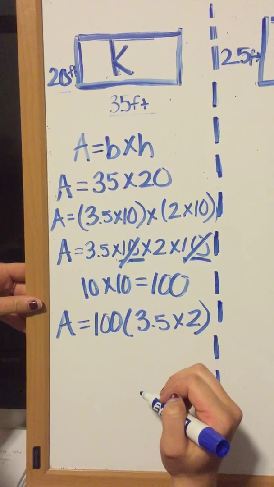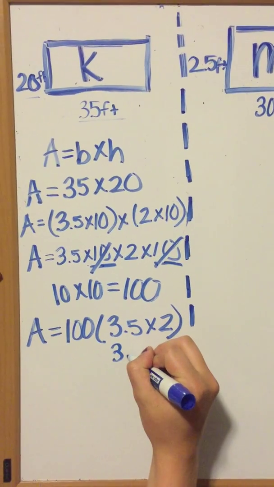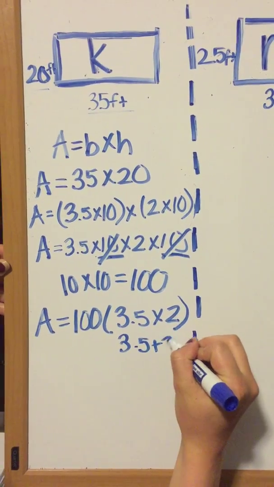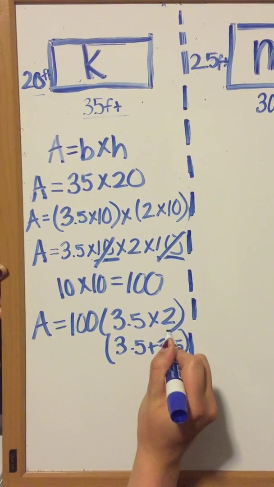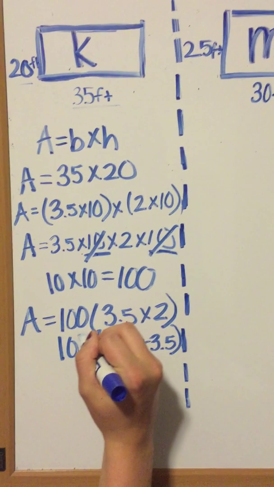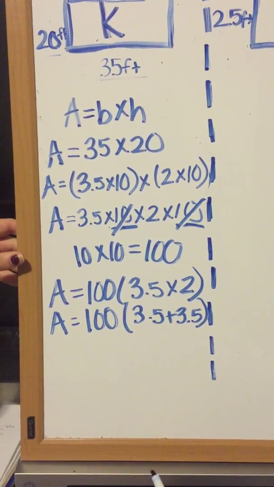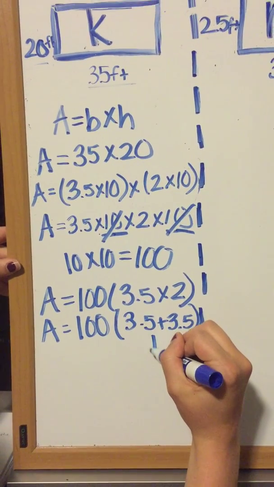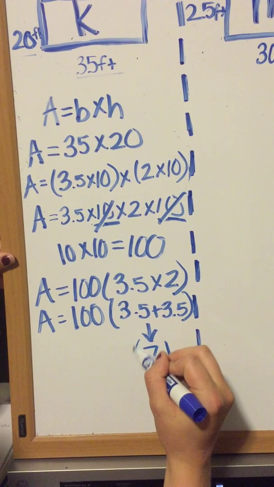Now, 3.5 times 2 is the same as 3.5 plus 3.5, or 3.5 two times. So 3.5 plus 3.5, after we add them together, equals 7.